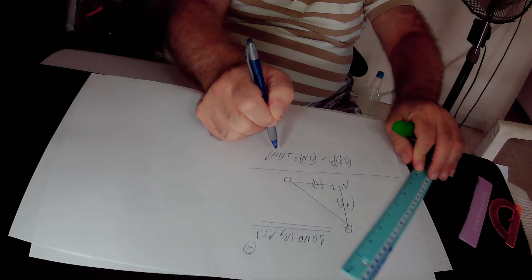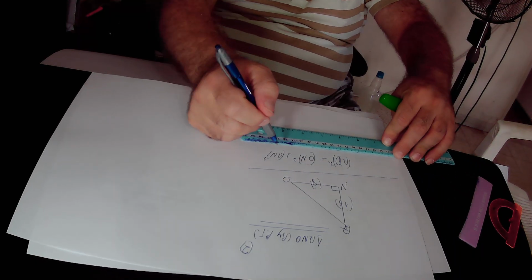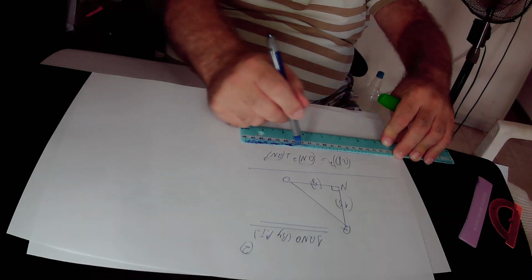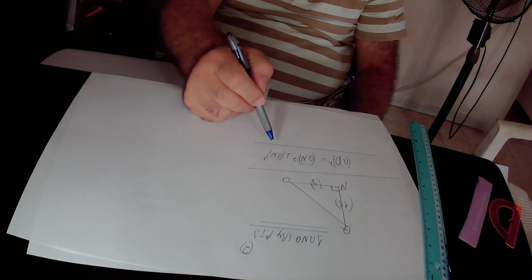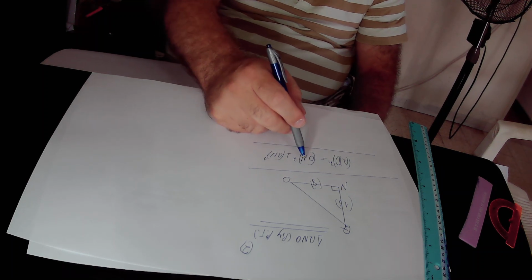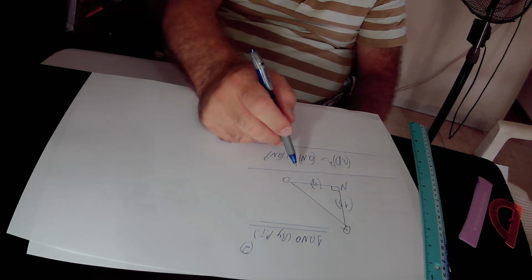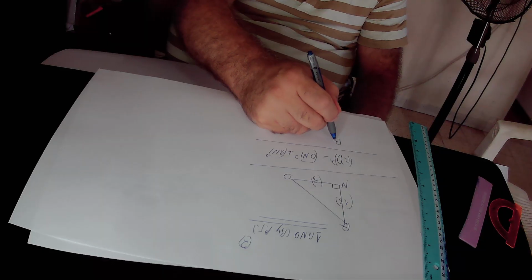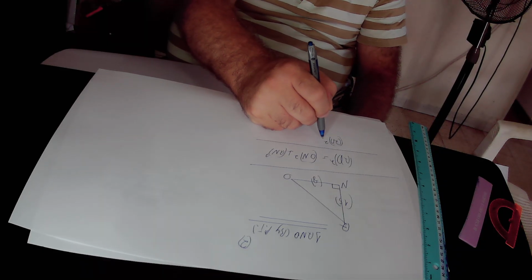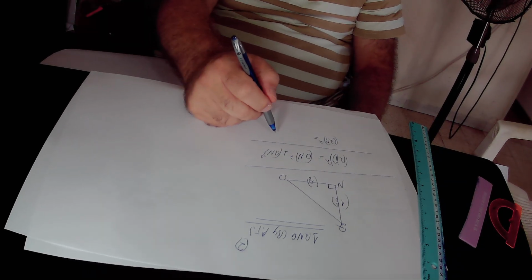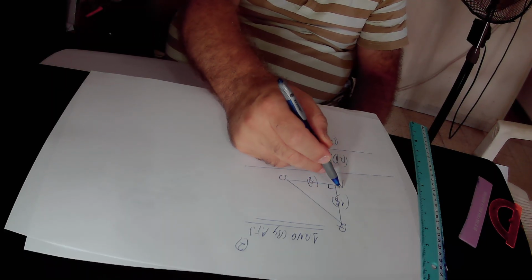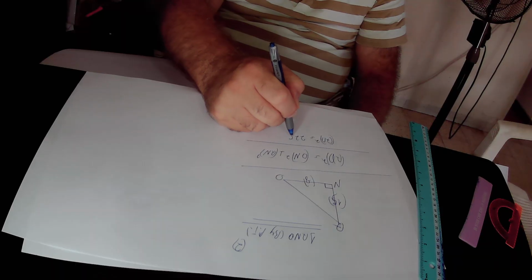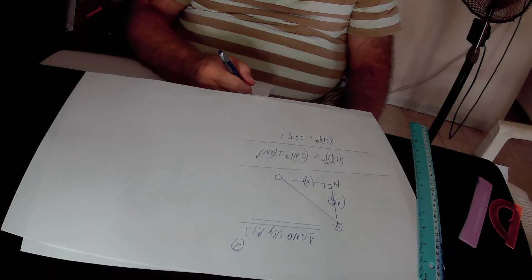QO is the missing side, so we leave it as it is. QO squared equals NO squared. NO is 15, therefore NO squared is 15 squared, that is 225, plus QN squared.